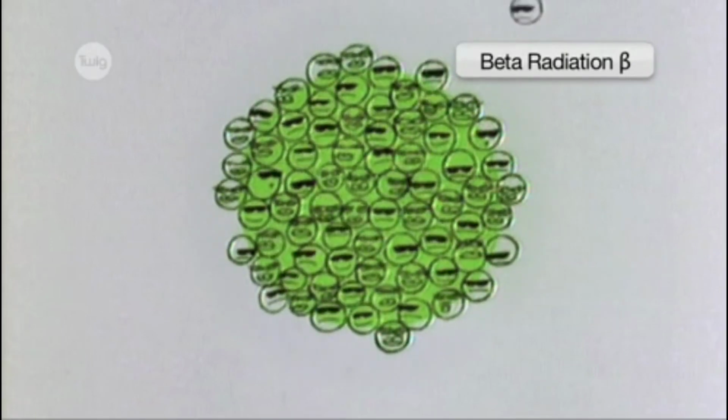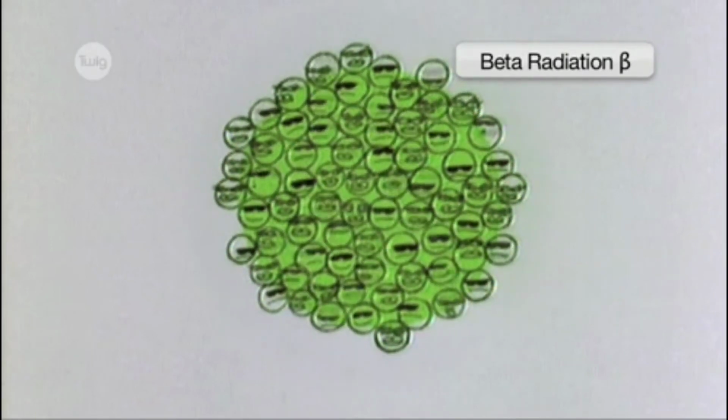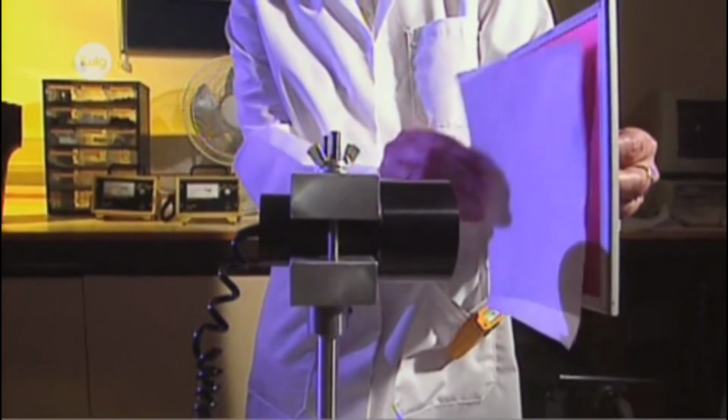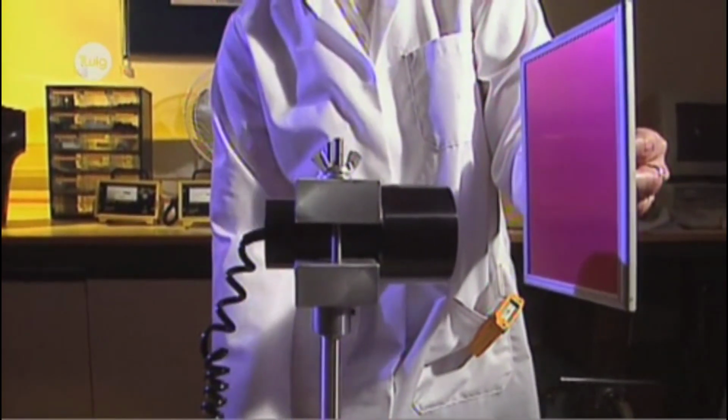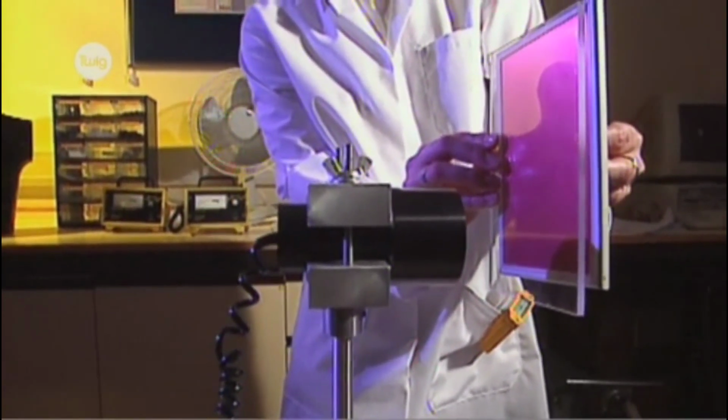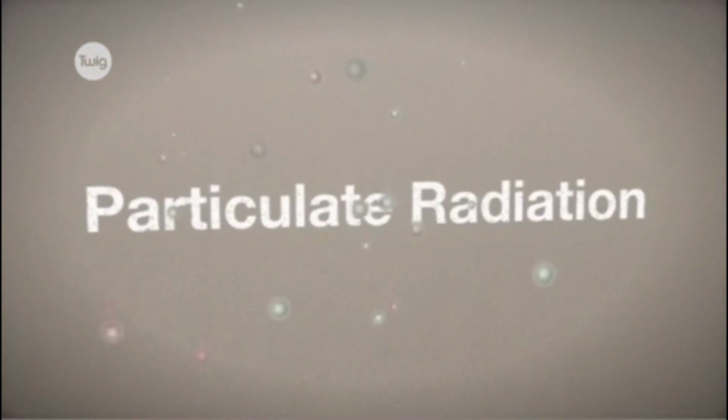Beta decay releases fast-moving electrons, beta particles. They travel further through air and even through paper, but can be stopped by something thicker than paper, like this perspex. Because alpha and beta radiation are particles, we call them particulate radiation.